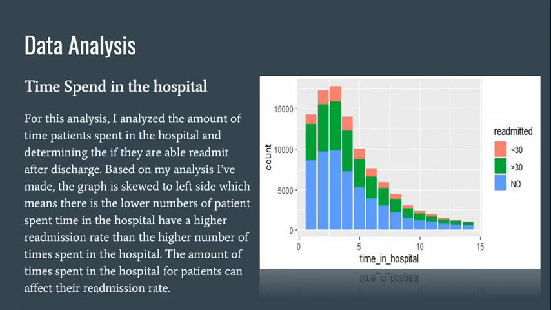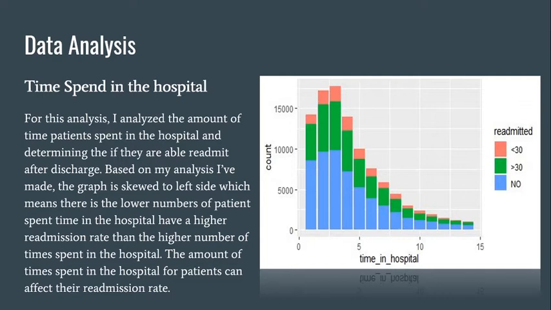So to start, data analysis, the amount of time spent in the hospital. For this graph, I designed this bar graph to analyze the amount of time spent in the hospital based on their readmission rate.